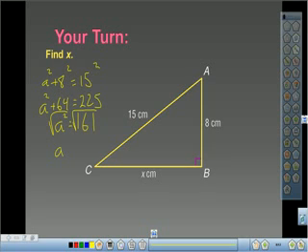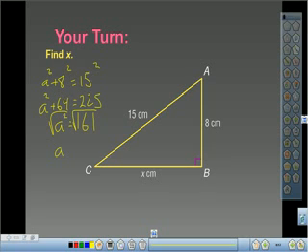Don't do it, it doesn't work. 3 squared is 9. B squared, and 6 squared is 36. Look at the two-step algebra equation. Next step. Subtract 9. 36 minus 9, not 25, is 27.